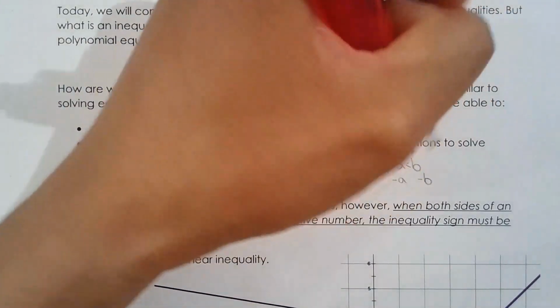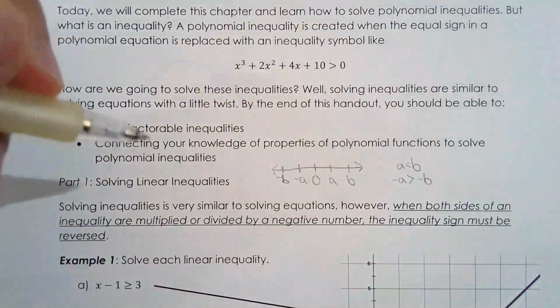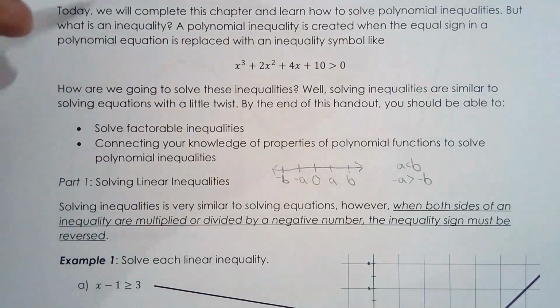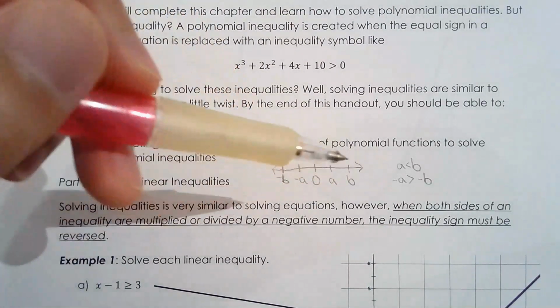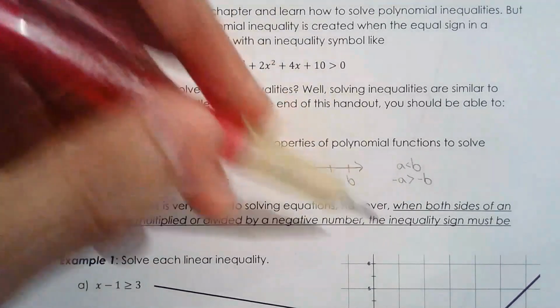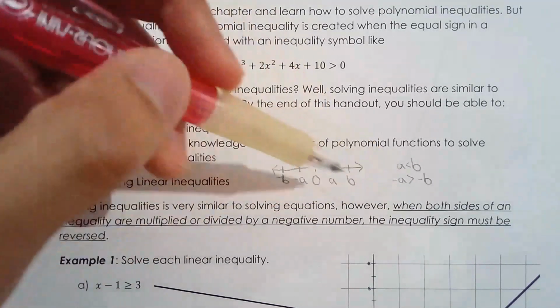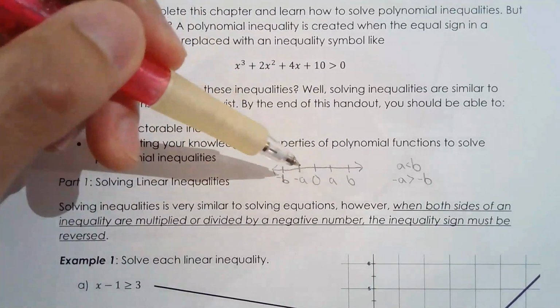That is the one big difference with solving equations versus inequalities. When you multiply or divide both sides by a negative value, you have to reverse the inequality sign, because what used to be lesser is now greater.